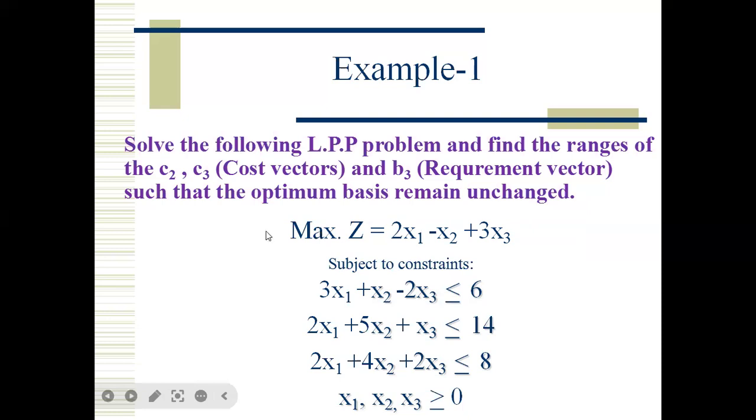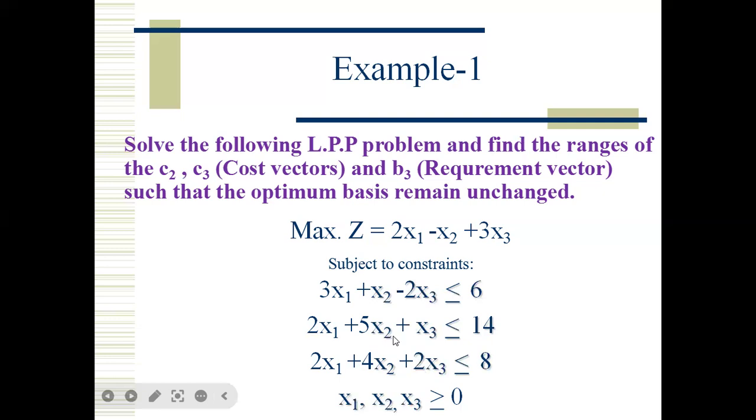The objective function is maximize z equals 2x1 minus x2 plus 3x3, subject to three constraints: 3x1 plus x2 minus 2x3 less than or equal to 6, 2x1 plus 5x2 plus x3 less than or equal to 14, 2x1 plus 4x2 plus 2x3 less than or equal to 8.